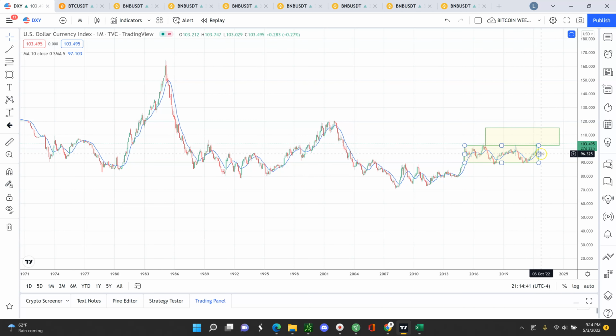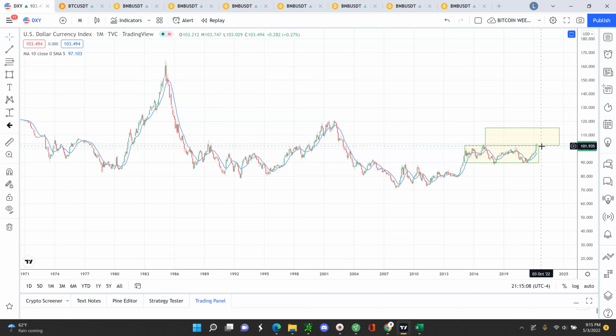I could see it coming back down toward the mid 90s or maybe even lower as a possibility. So this would be one to watch for sure as Jerome Powell talks tomorrow, just to see what happens. I think the markets are pricing in an interest rate hike, but we don't know how much.